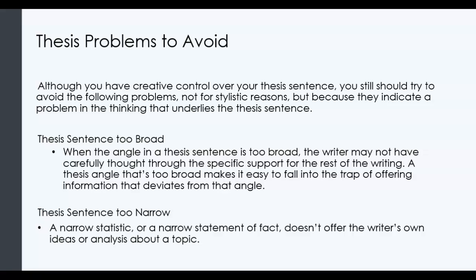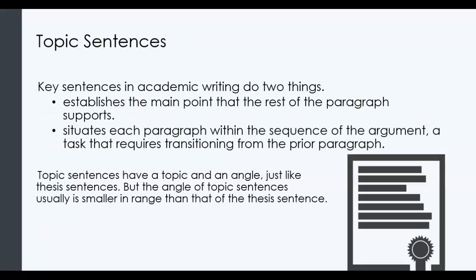A narrow statistic or a narrow statement of fact doesn't offer the writer's own ideas or analysis about a topic. Topic sentences. Key sentences in academic writing do two things: establish the main point that the rest of the paragraph supports, and situate each paragraph within the sequence of the argument, a task that requires transitioning from the prior paragraph.